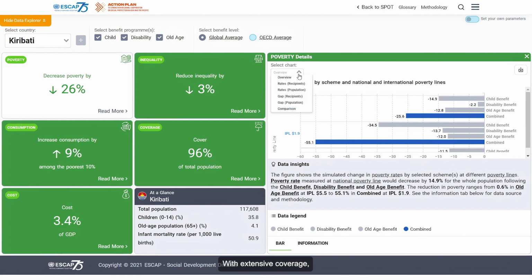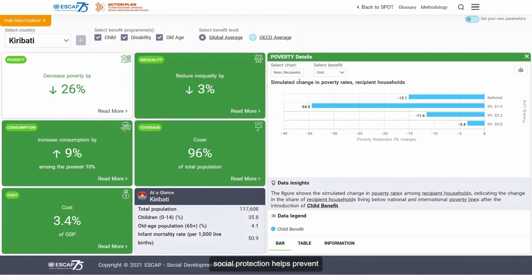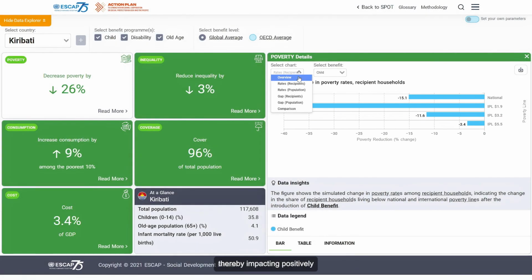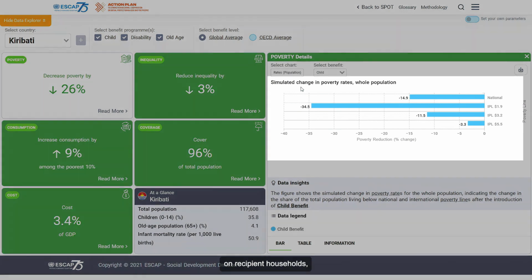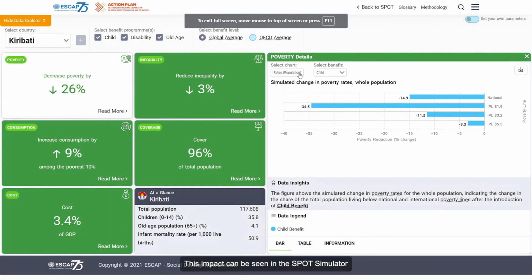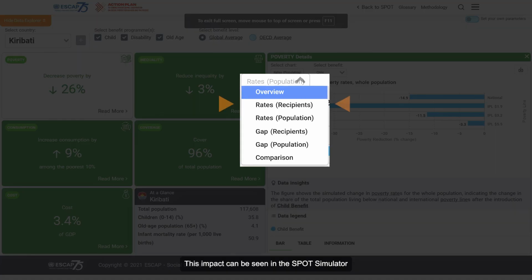With extensive coverage, social protection helps prevent people falling into poverty and reduces existing poverty, thereby impacting positively on recipient households and the population as a whole. This impact can be seen in the Spot Simulator by selecting the recipient and total population options.